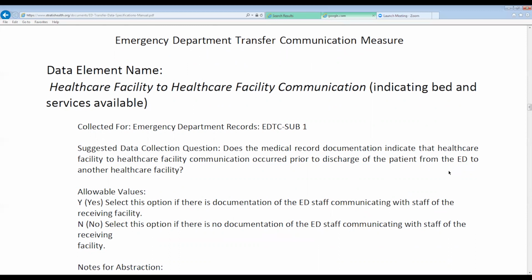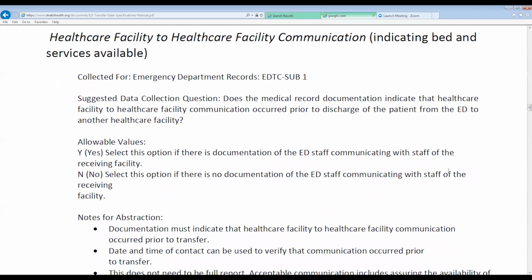Is there services available? There's nothing here that says it has to be report, okay? I mean, it certainly can be, that would fit this, but it doesn't have to be, because we know that a lot of times your nurse is taking care of the patient, and so they might not have time to do a report to the other facility until maybe after that patient leaves. But that's not what we want here. We want communication before that patient left, that wherever they're going will accept that patient.